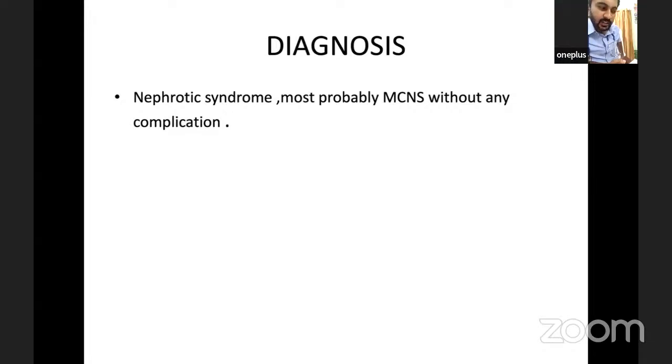For this child, it is required almost 1.5 to 2 gram per kg per day, because already the child is losing all the albumin and protein. In order to compensate that, the body requires more protein. So it goes with 1.5 to 2 gram per kg per day.